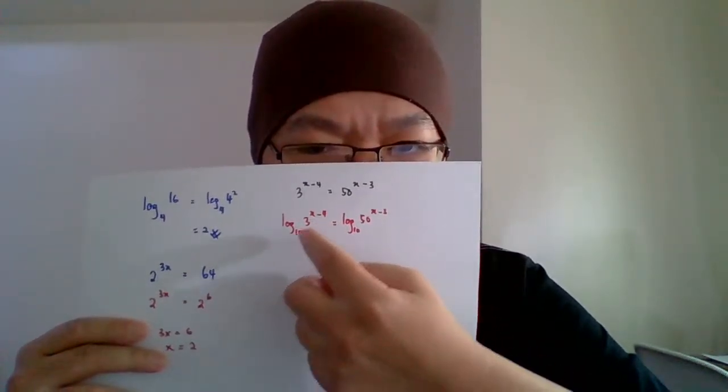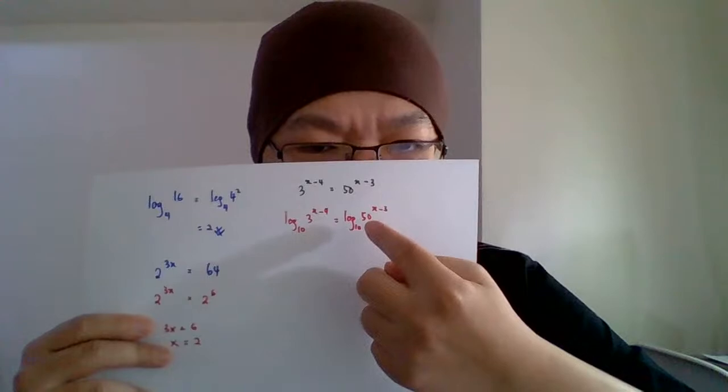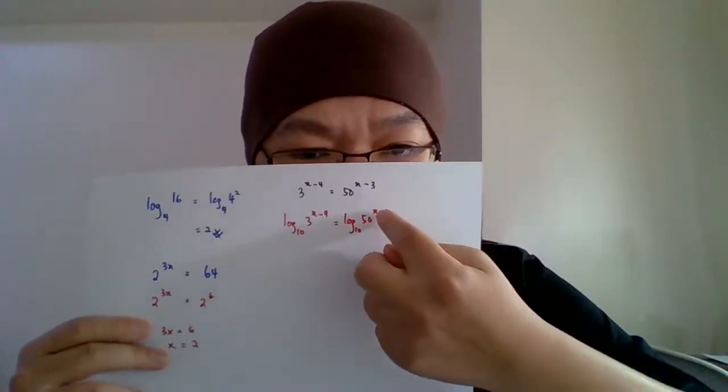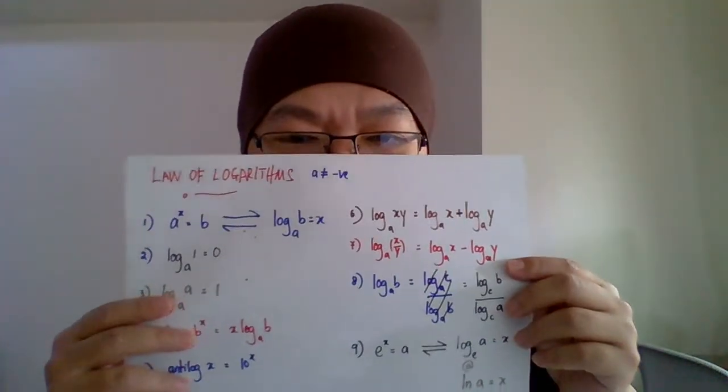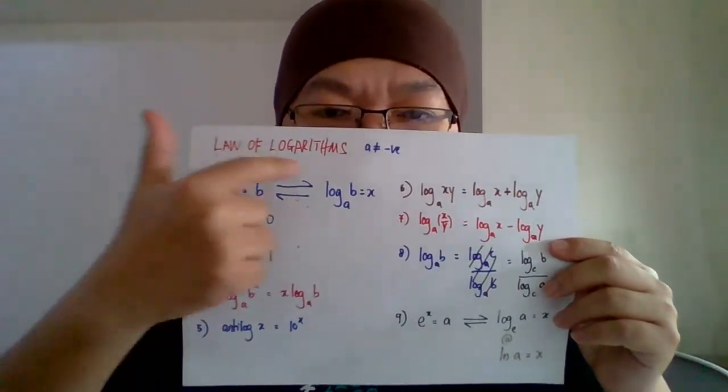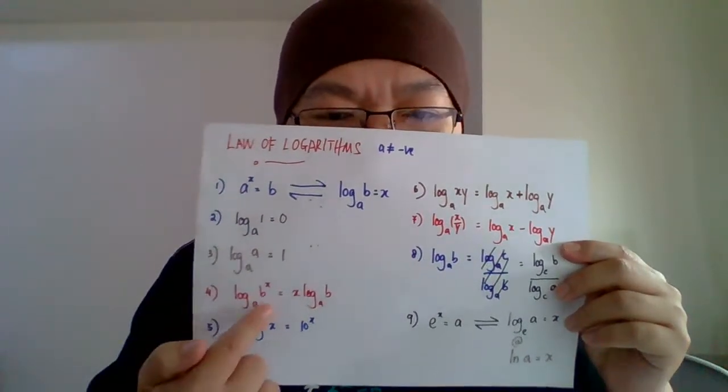So guys, you see here, log 10 of 3 power something, log 10 of 50 power something. Now, we got power. So, according to the law of log, we got power here, right?